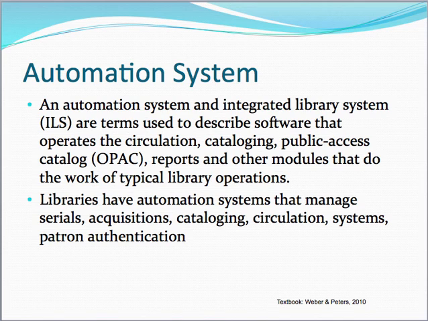Libraries have automation systems that manage serials, acquisitions, cataloging, circulation systems, and patron authentication. And this is very important because all of the functions and operations of the library are registered or recorded in the integrated library system.